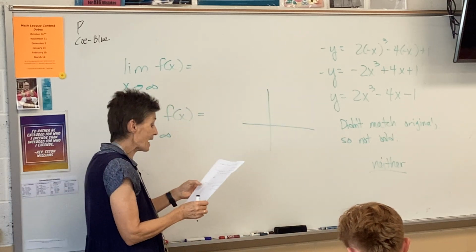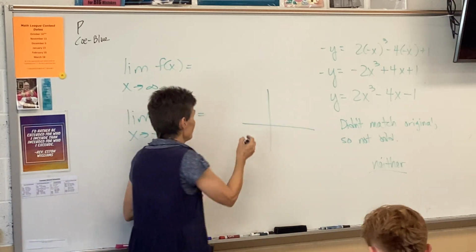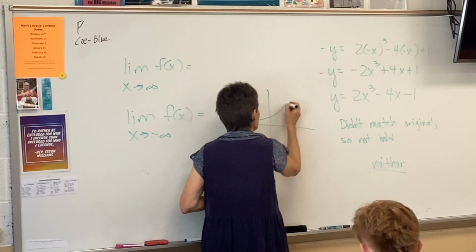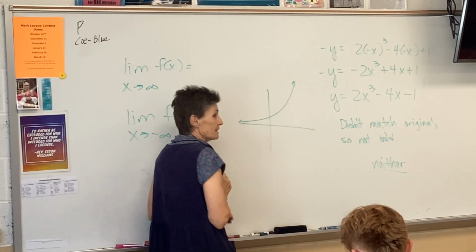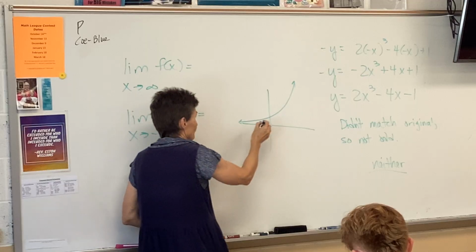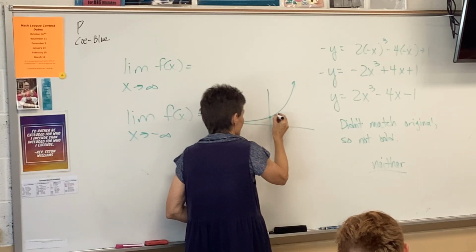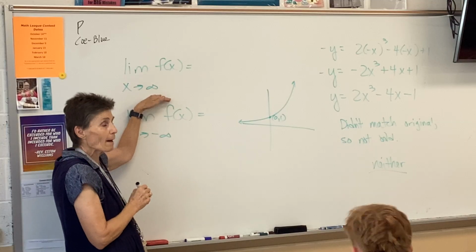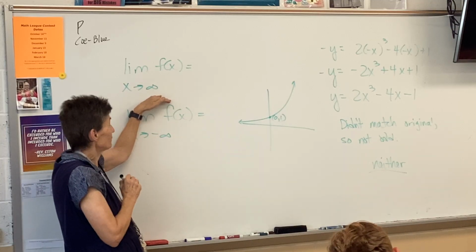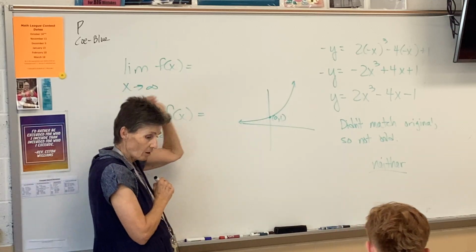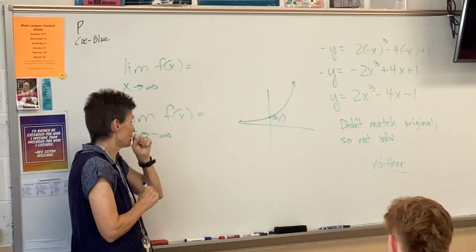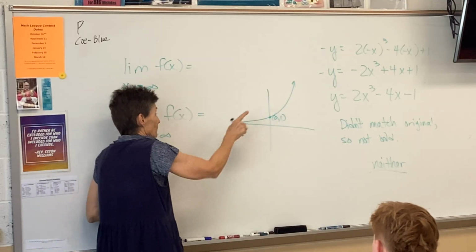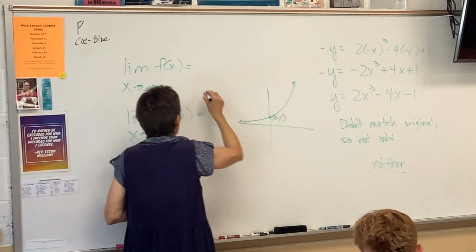So the exponential function looks like this. What happens to that function as we head off the page to the right? Positive infinity.